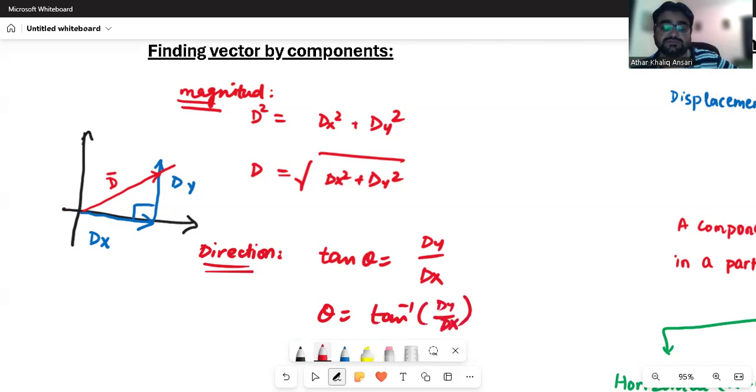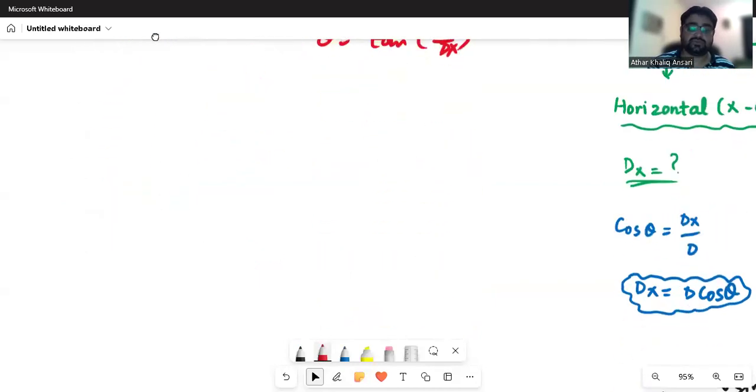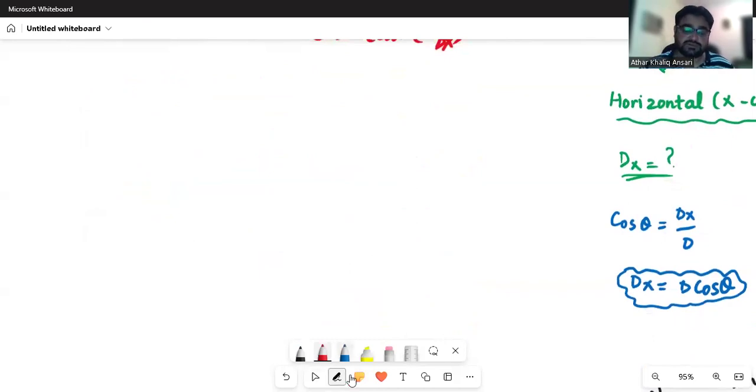So if the components of the vector are given as vx and vy, the magnitude will be v equal to the square root of vx square plus vy square, and theta will be tan inverse vy over vx. For example, if this is the component toward east, 4 meter, that is dx, and from here you move 3 meter to the north, that is dy.